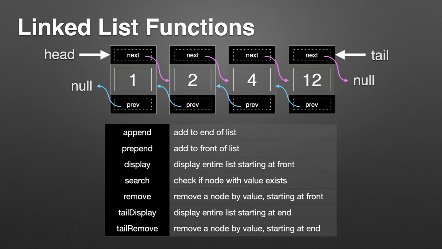So we're going to go through building this data structure of a linked list, of a doubly linked list. And these are the different functions that we're going to add to our doubly linked list. These aren't the only functions that you could put on this list. These are the ones that will be part of your challenge, and it's a good subset of things that you would want to do with this structure.